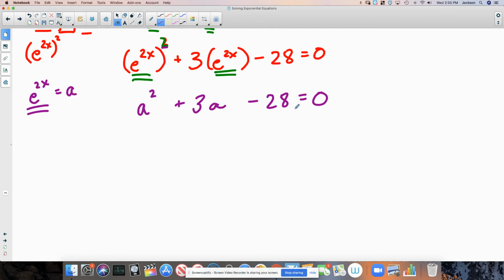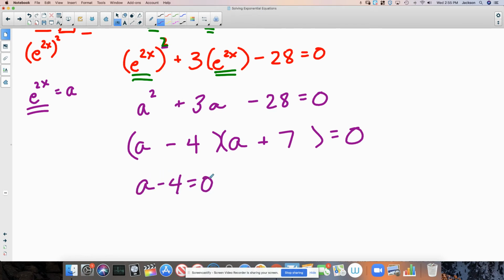An even degree trinomial. I'm going to try to factor this. I'm going to look for two numbers that multiply to be negative 28, but add to be positive 3. And those two numbers are, in no particular order, negative 4 and positive 7. The zero product property says the answer from here has to equal 0, or the answer from here has to equal 0, which means a equals 4 and a equals negative 7.